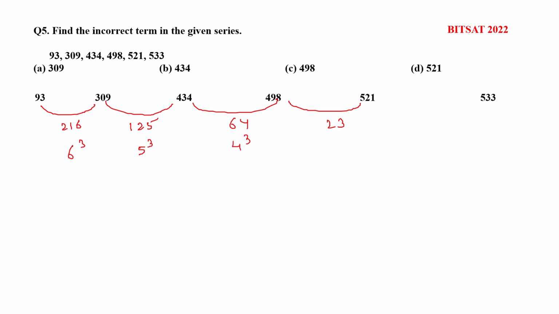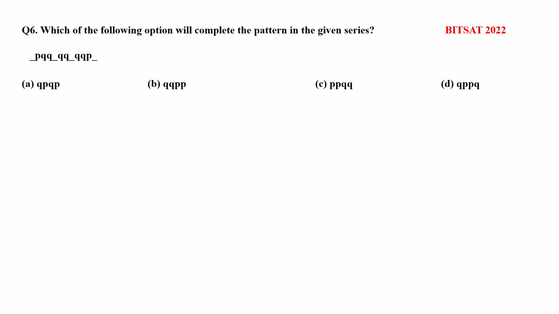It means the next should be 3 cube which is 27, isn't it? But here it is 23. So now let's add 23 to 498. I will get 525. So as per the pattern, now the difference should be 2 cube which is 8, isn't it? And if you find the difference between these two, it is 8 only. So it means this is the wrong term. So D is the option.